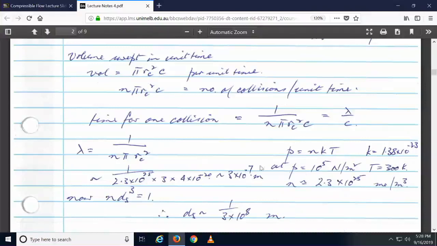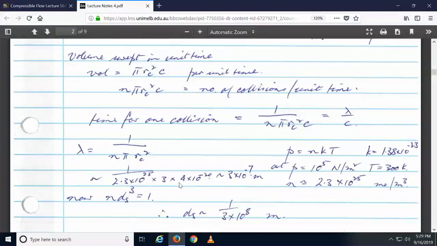So what is the mean free path? It's 1 divided by pi n, so that's 2.3 times 10 to the 25th. Pi is about 3. Now, what is the radius, the collision cross-section? Well, you know that the diameter of an atom is about an angstrom. That's 10 to the minus 8 centimeters. So that's 10 to the minus 10 meters.